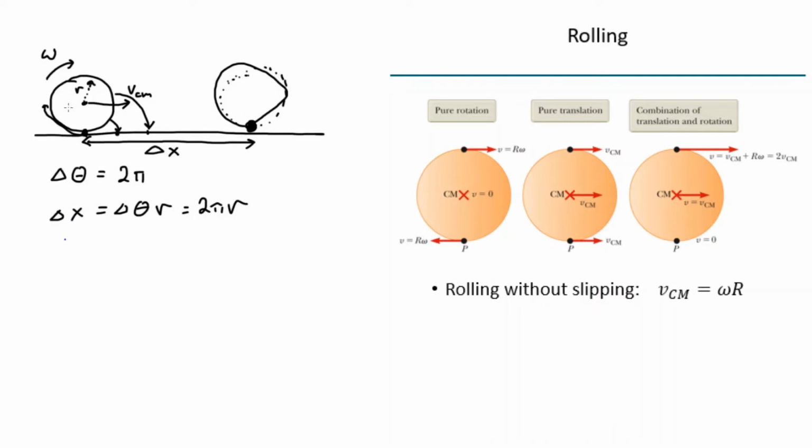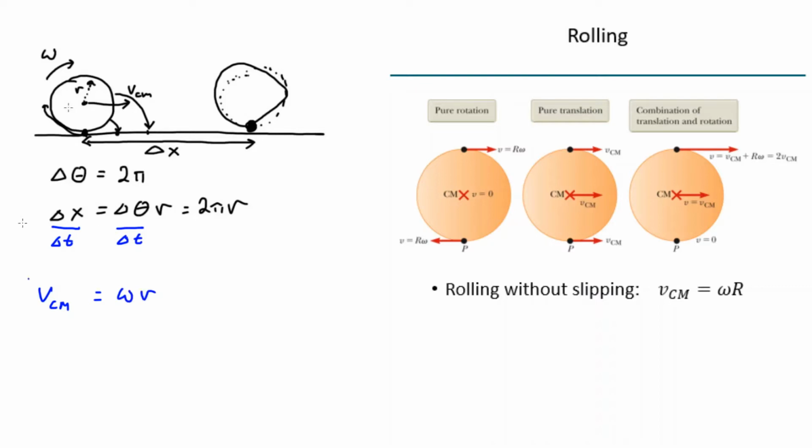So now what I can do is just go ahead and divide both sides of this by a time interval, delta t. That is, this is the amount of time it takes for the wheel to roll through this distance, delta x. Well, delta x over delta t, that's just the velocity of the center of mass. Delta theta over delta t, that's just the angular velocity omega.